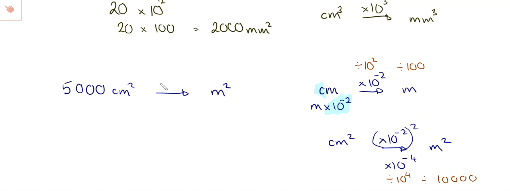So we are going to divide by 10,000 or divide by 10 to the power of 4, which I think makes more sense because now we take each number and move it 4 place value columns down the value system. So the 5 moves 1, 2, 3, 4. So we actually end up at 0.5 square metres.